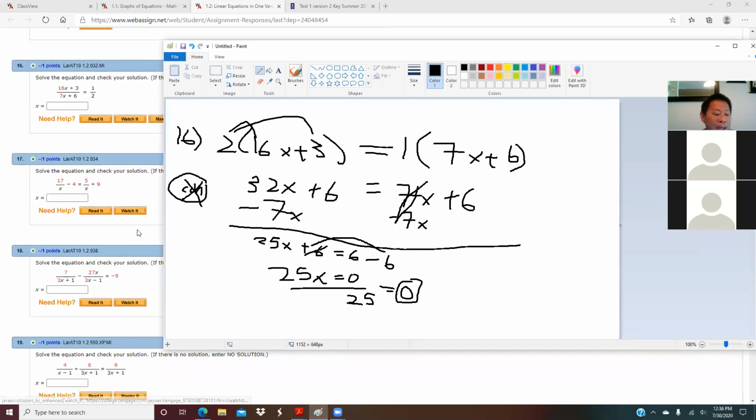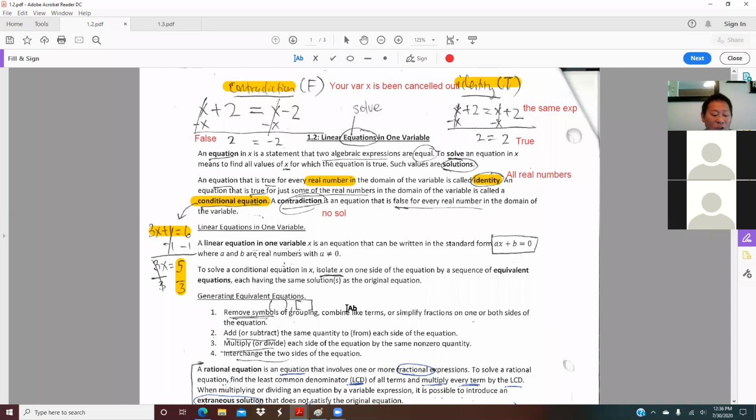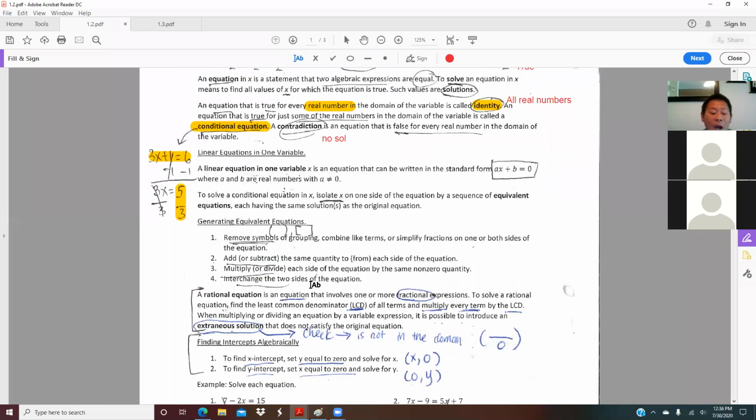Okay. Next, we'll talk about more difficult type equations. So this is what we call rational equations. Okay, rational equations where you have equations that have x on the bottom. Usually when you have a number like last time we do over 4 or over 2, that's easy.